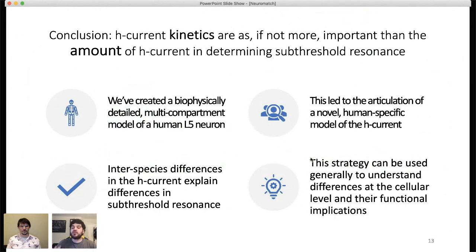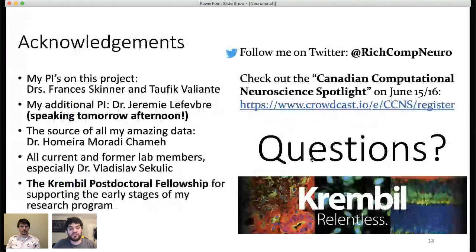So again, in our modeling process, this allowed us to uncover these changes in the H current, and it allowed us to propose a hypothesis for the actual mechanism of action underlying these interspecies differences. So we think that this modeling strategy, generally speaking, shows how you can get at the cellular level differences that potentially show why the human and the rodent brain are different, specifically using modeling. And with that, I'll take your questions.